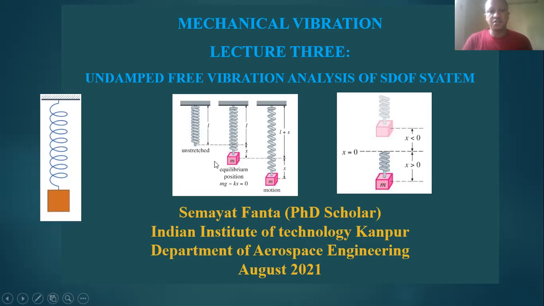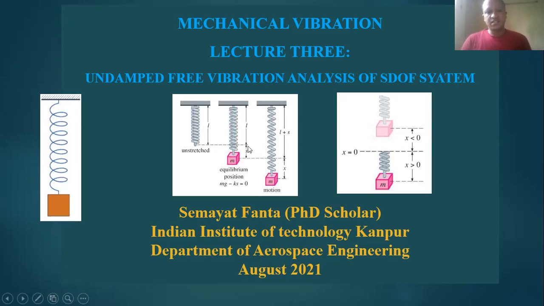Here it is in the equilibrium position. In this position, we have mg minus ks equal to 0. That is static deflection. We have some static deflection s. Due to the addition of mass, it goes to some static equilibrium position.